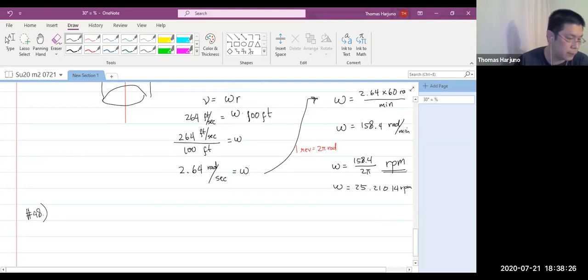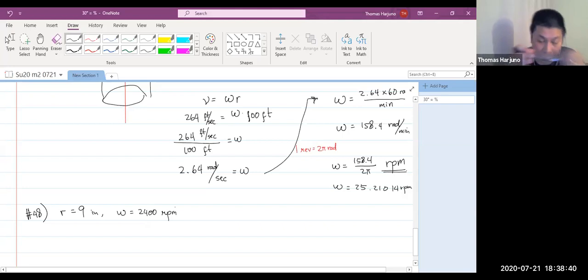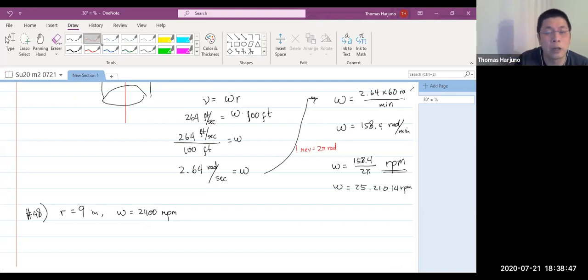Number 48. Given the radius is 9 inches and the omega is 2,400 RPM. Again, RPM is not radians per minute. RPM stands for revolutions per minute. Maybe I'll write it down in red. RPM is revolutions per minute.